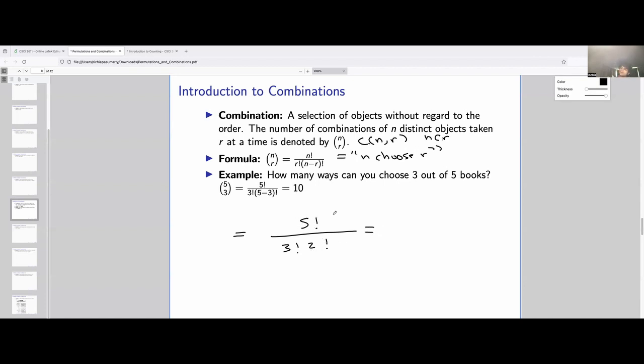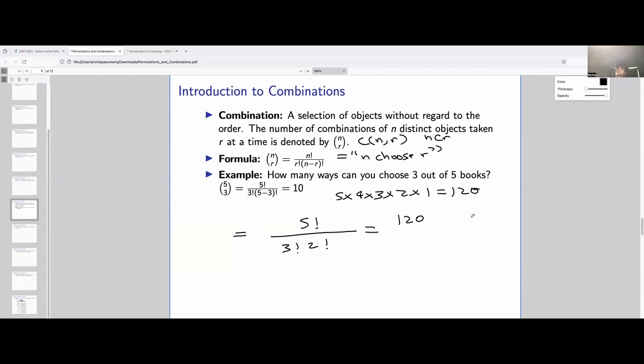I could actually calculate 5 factorial, like 5 times 4 times 3 times 2 times 1. And if you just memorize that, that's okay, it's 120. But for larger numbers, it'll take a lot of time to actually calculate. So I could do 120 divided by 6 times 2, and I'd still get 10.